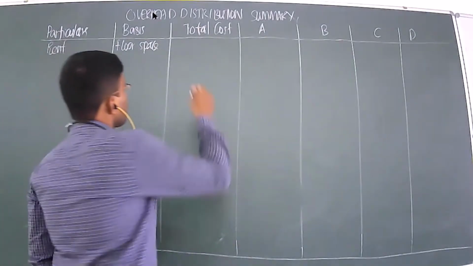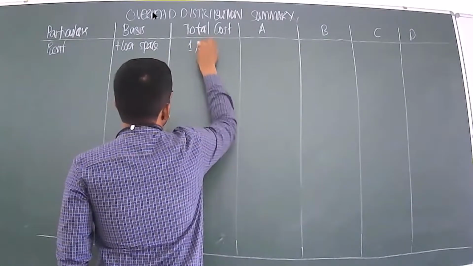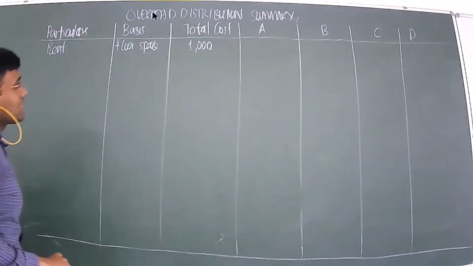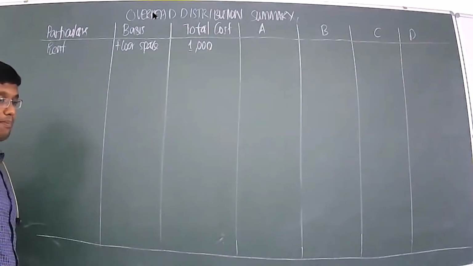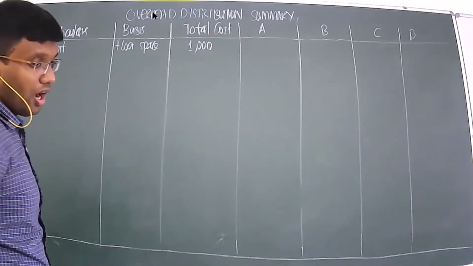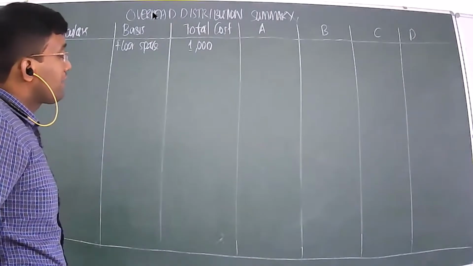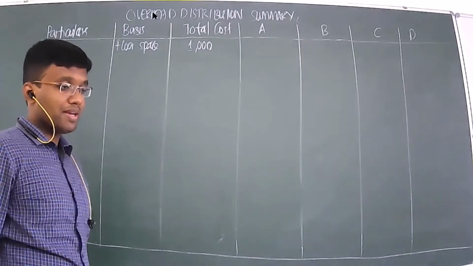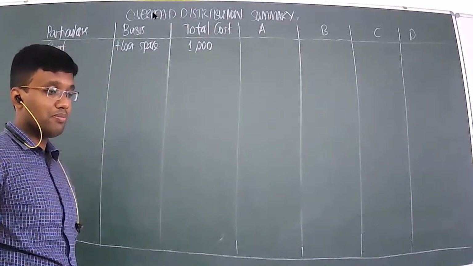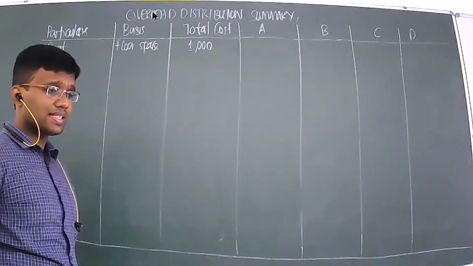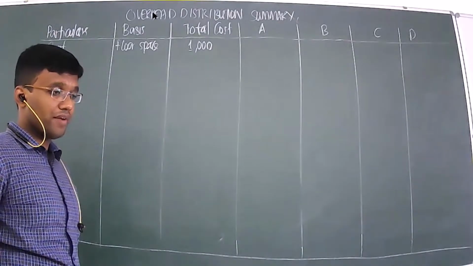So we know that the total rent is 1,000 rupees. Now let's apportion this among the 4 departments. How do we distribute this? At first, we have to add up all the floor spaces. So department A is 1,500, department B is 1,100, C is 900, and then D is 500.